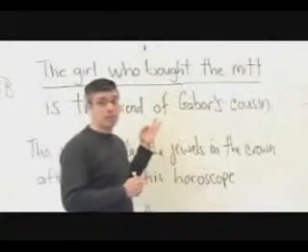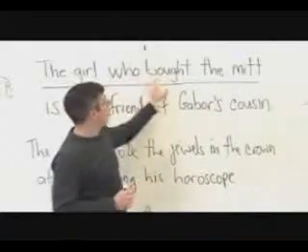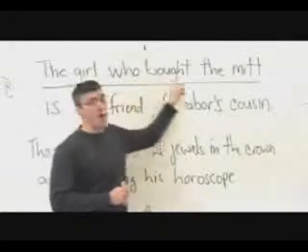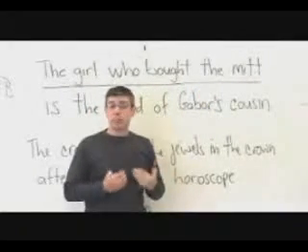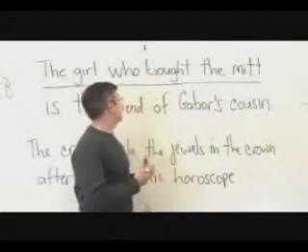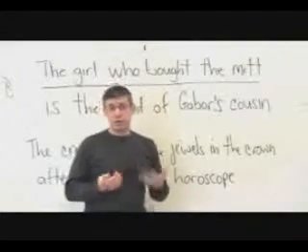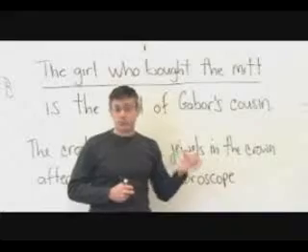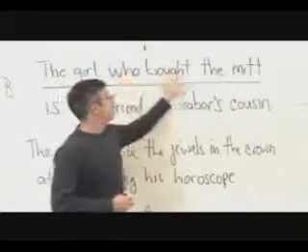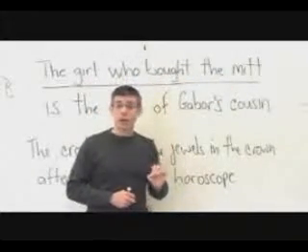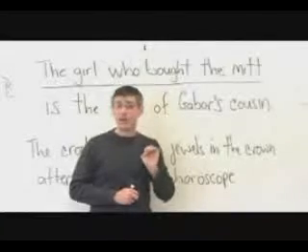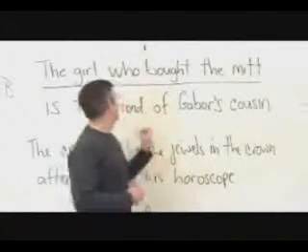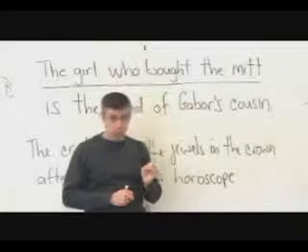And this is an example here. The girl who bought the mitt. Who bought the mitt is a subordinate clause. It is answering the question, which one? Which girl? The one who bought the mitt. That's which girl. So, who bought the mitt is a subordinate clause functioning as if it were an adjective and modifying the noun girl.